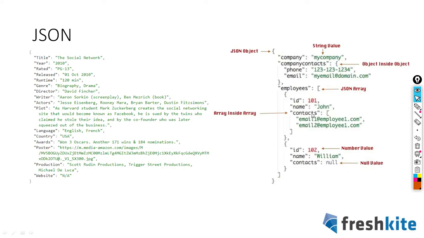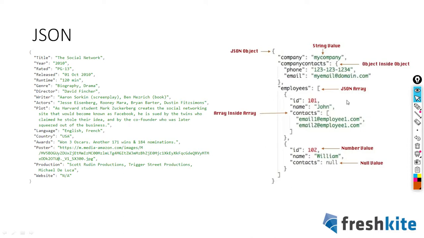The JSON format can be nested also. This is one JSON object. In this you have a company name and company contacts. In the company contacts you have phone and email, so this is another object, an object inside another object. Then you have employees. There are many employees, so employees is an array. There are 2 employees.